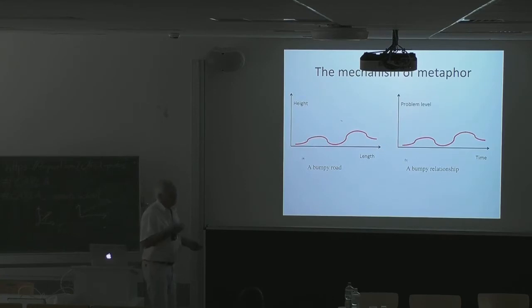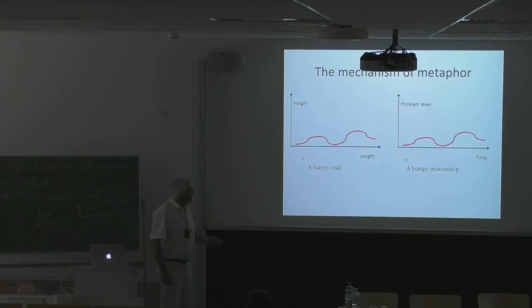And then bumpy means that there are some differences in the vertical dimension. Sometimes it goes up and sometimes it goes down. So this is a curve that represents the bumpiness going up and down along the vertical line. So originally, bumpy is a spatial notion, and it involves the horizontal and the vertical dimensions. That's how we can describe the adjective bumpy here.